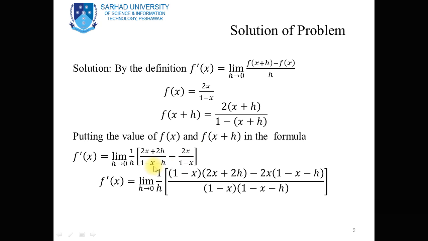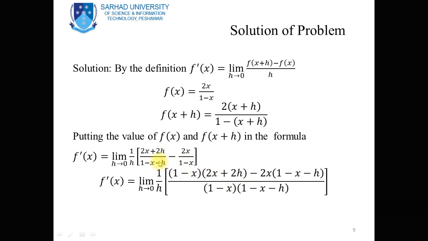Now multiply this term with this term, and this term with this term, simply by cross multiplication. So we multiplied 2x plus h with 1 minus x, and multiplied 2x with 1 minus x minus h. You see over here, this is the LCM of this expression.